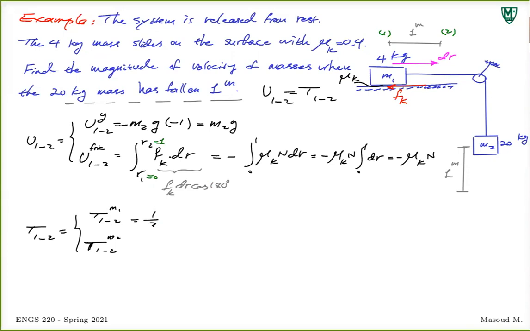For mass 1 it's 1 over 2 m1 v2 squared minus v1 squared. And for the other one it's 1 over 2 m2 v2 squared minus v1 squared. Let's be cautious about this v, because later on we're going to use v for kinetic energy.